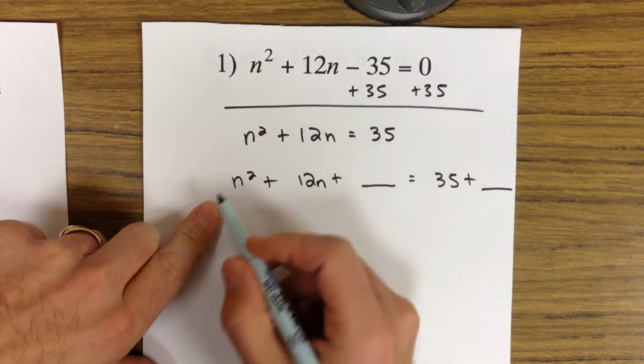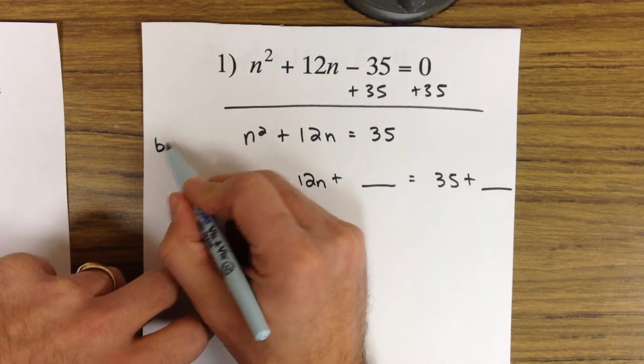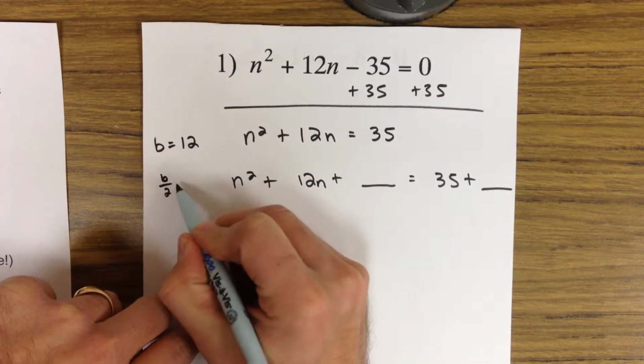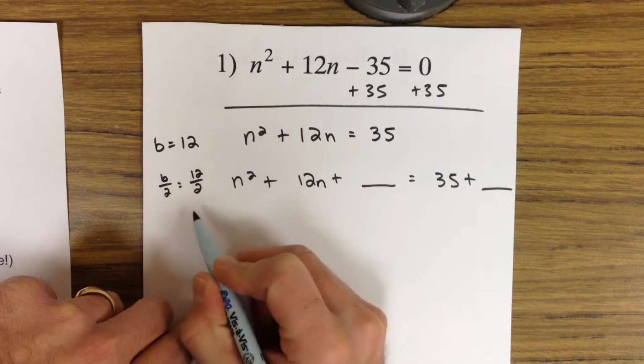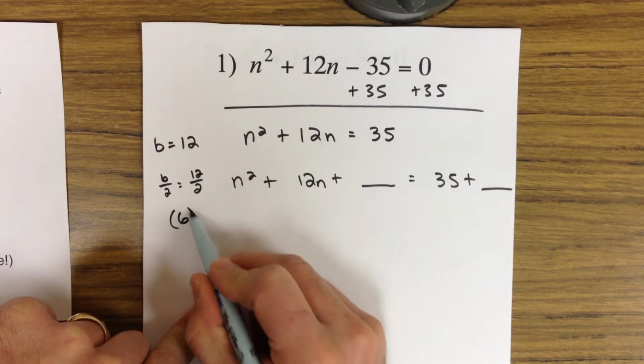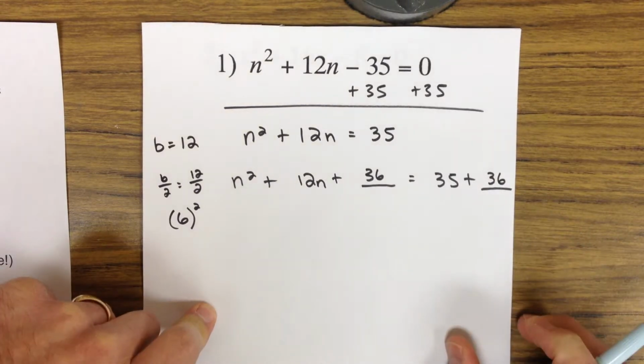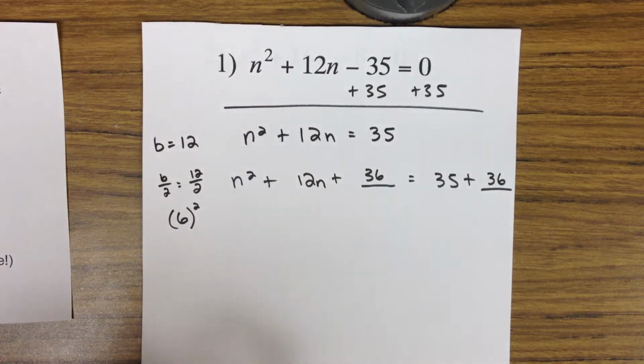So, b in this case equals 12. So, b over 2 is 12 over 2, which is just 6. And then I'm going to square that to get 36. So I'm going to add 36 to both sides and go from there.